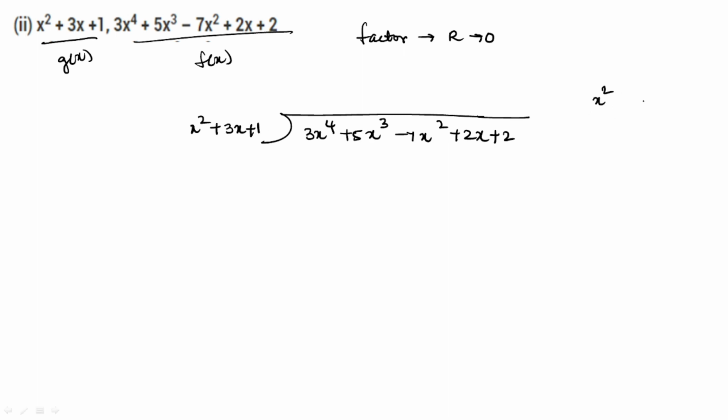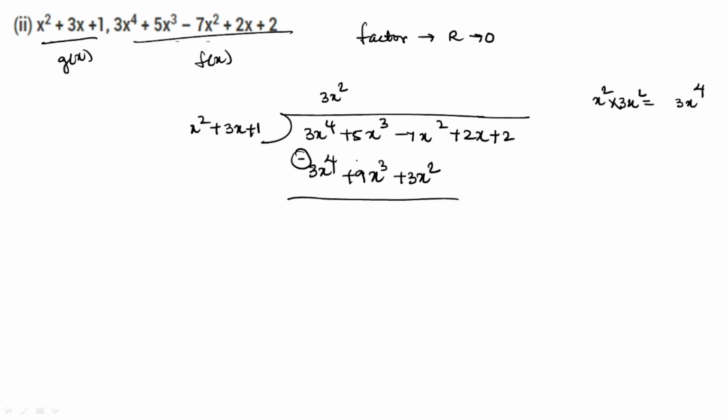In order to equate them, we need like 3x square. So we multiply it with 3x square. We will be getting 3x power 4 plus 9x cube plus 3x square. As signs alter, minus, then minus 4x cube, this becomes 0 here, minus 10x square.